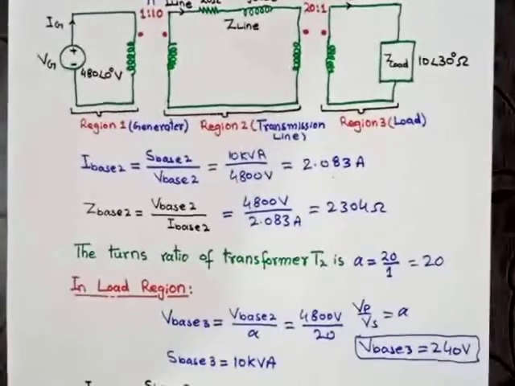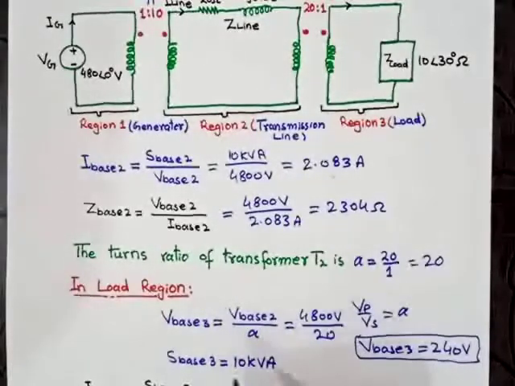And the value of the power, that is the value S base 3, will be 10 kVA. As we have already discussed, in case of a transformer, power remains the same. So the base value of the power will not change, because a transformer does not change the power. So the base value of the apparent power will be the same, that is S base 3 will be equal to 10 kVA.